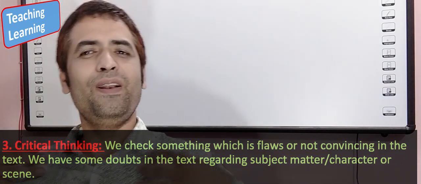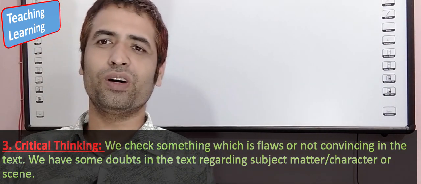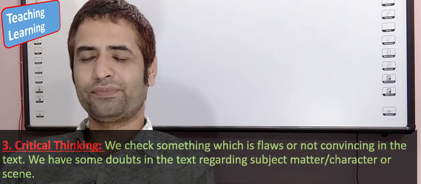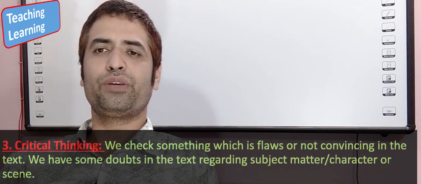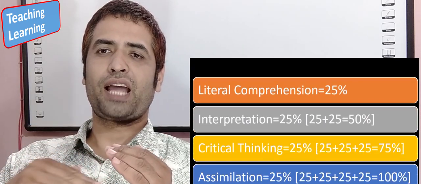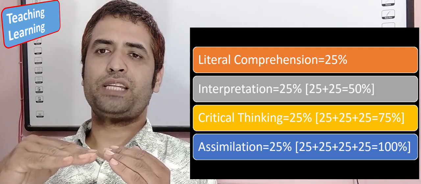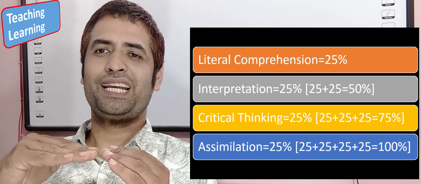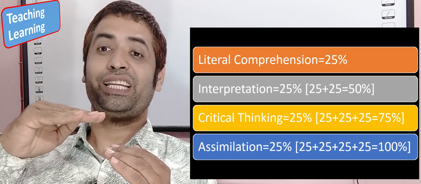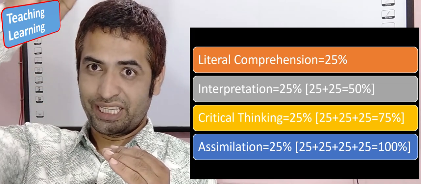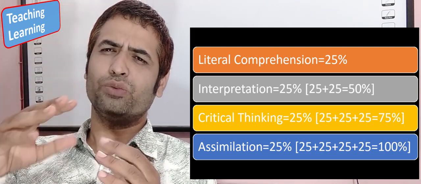We are not fully convinced by the things we check in critical thinking. So I said earlier, literal comprehension is something like 25%, and interpretation is 50%, which we have just finished, and critical thinking is 75%, and assimilation is 100%. How do we understand? That's the main thing we need to do.